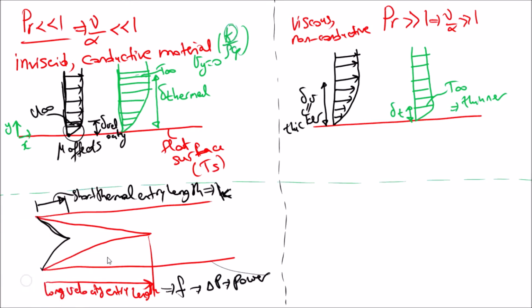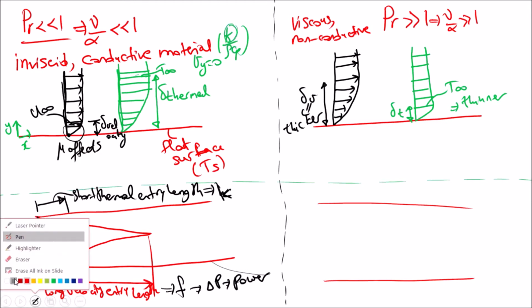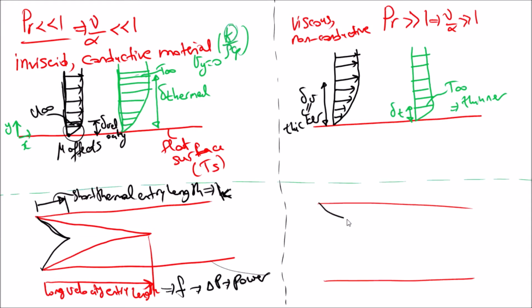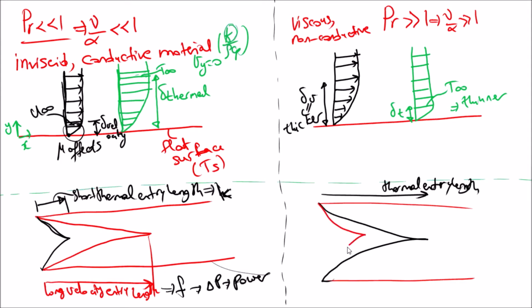Good. Now let's see the opposite case. For the opposite case, again, we will have the pipe here, and you will have now longer thermal entry lengths because the K value is too high. This one is the thermal entry length, and the velocity entry length, this will be very small.